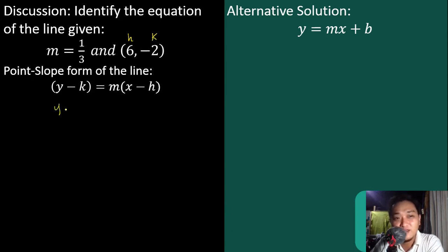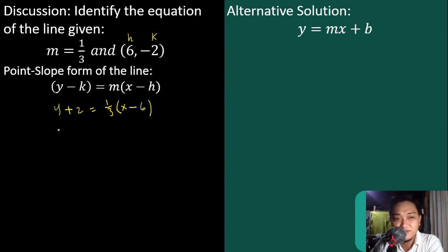So y minus, what will be our k? Our k is negative 2, so diretso na, no? Plus 2 is equivalent to, what is our slope? That is 1/3. Times, what is our x minus, what will be our h? Our h is positive 6.